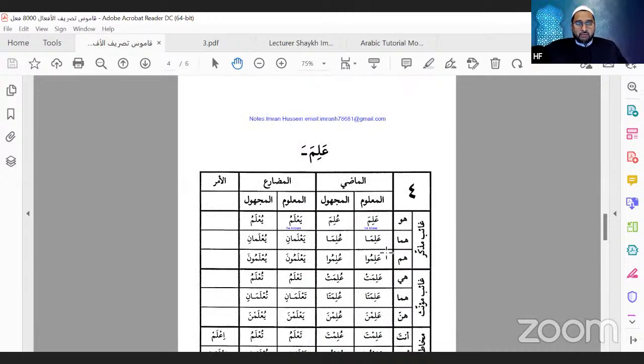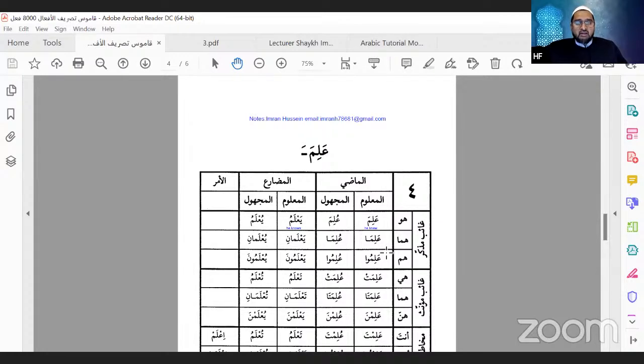Then the next 2, we did alima. Now the past tense, the middle letter is coming with a kasra, and the present tense is coming with a fatha. And there are 2 patterns available for any verb whose middle letter, the second radical in the past tense, comes with a kasra.